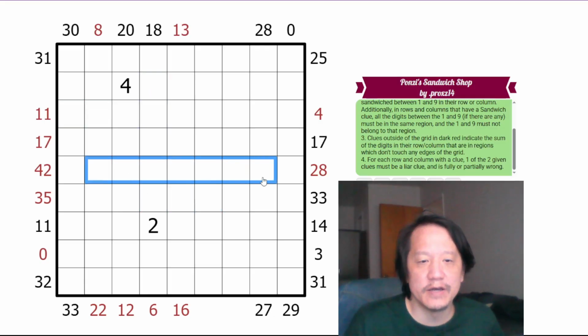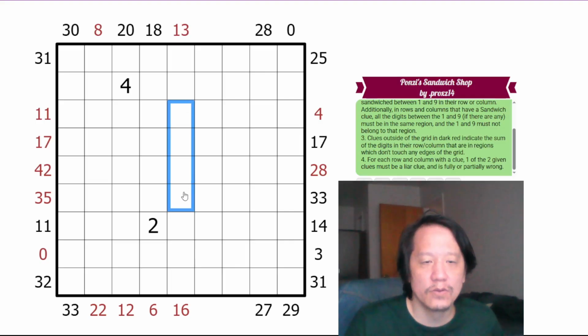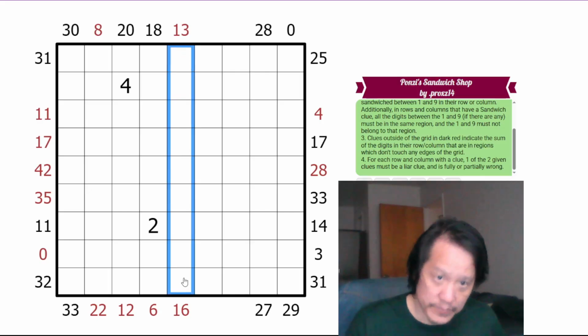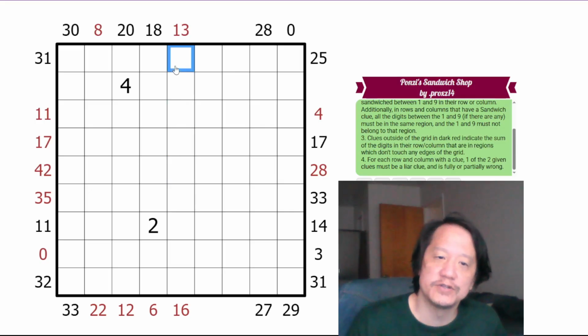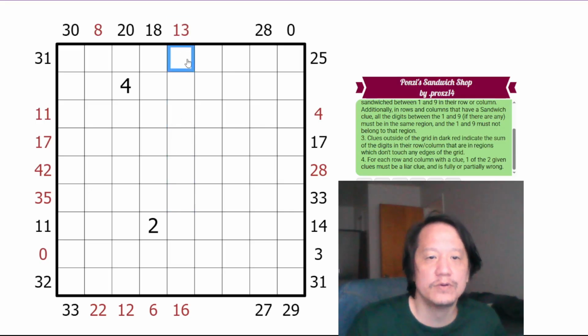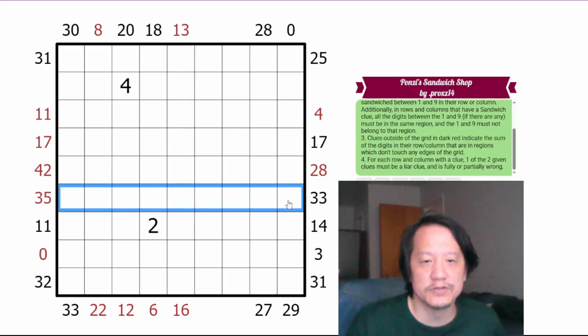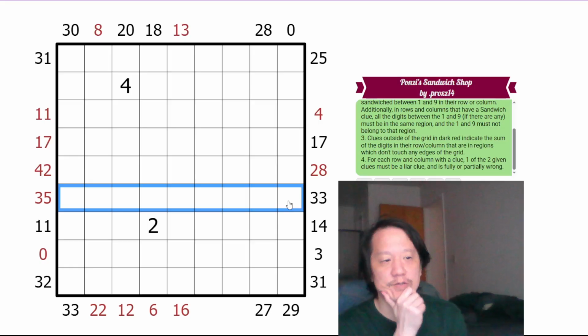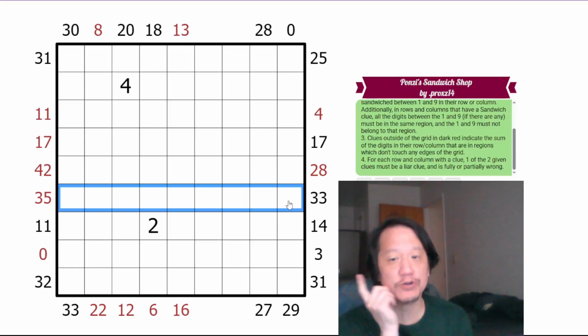Well, this is interesting. Let's look at this clue. In this row, the digits which are not in a region touching the edge of the grid would have to add up to 35.